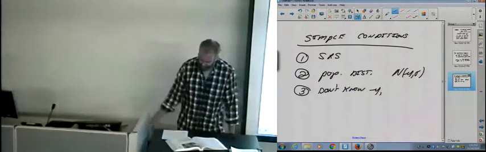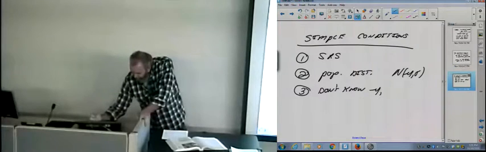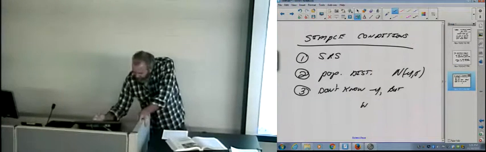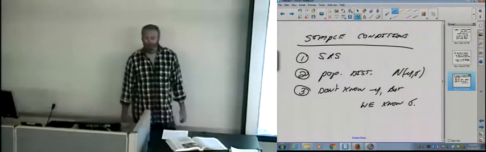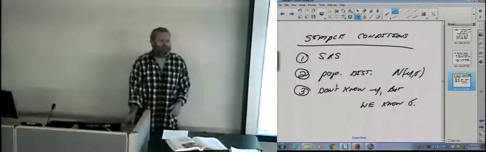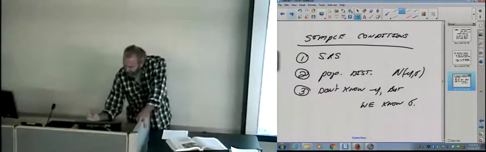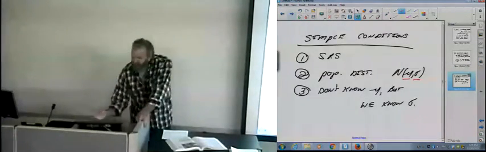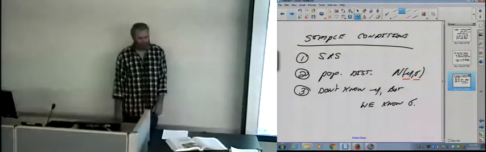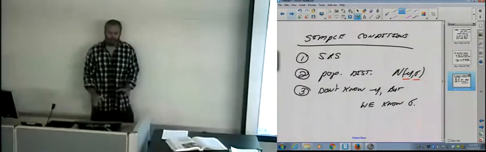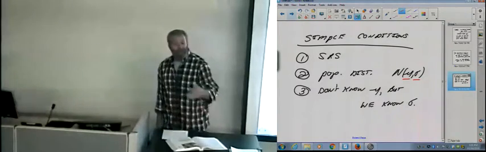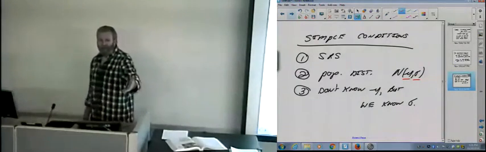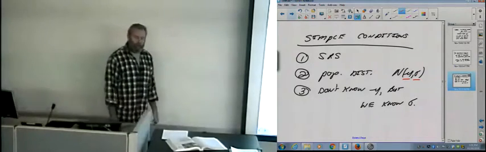But we know... you do understand, right, that there are two things here. There's the mean of the population and the standard deviation of the population. What we assume through chapters 16 and 17 with these simple conditions is that we don't know the mean of the population, but we know the standard deviation of the population.